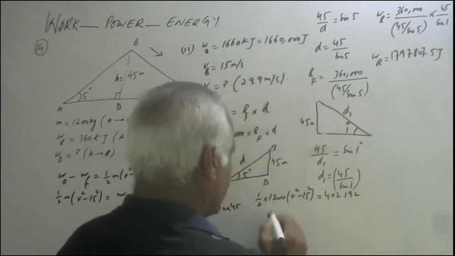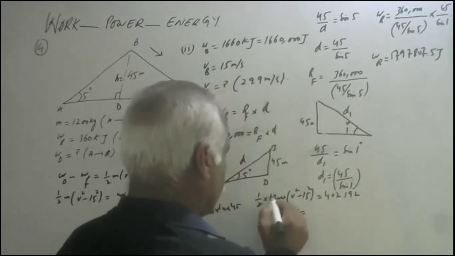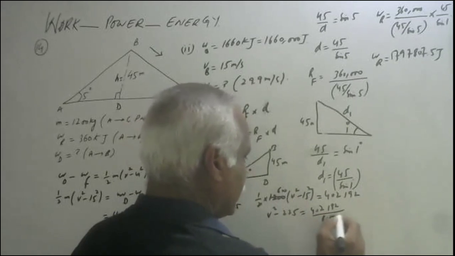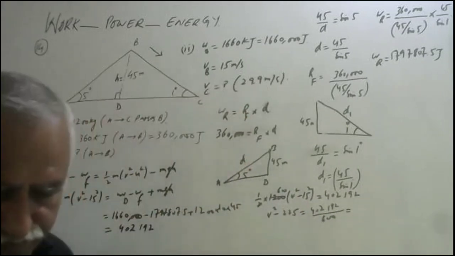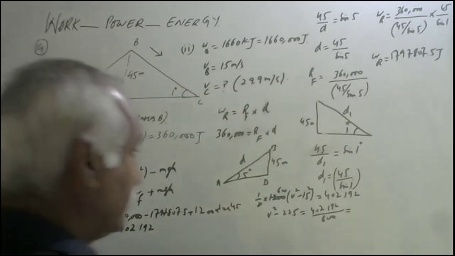So v square minus 225 is equal to 402192 divided by 600, and that value is equal to 670.3.